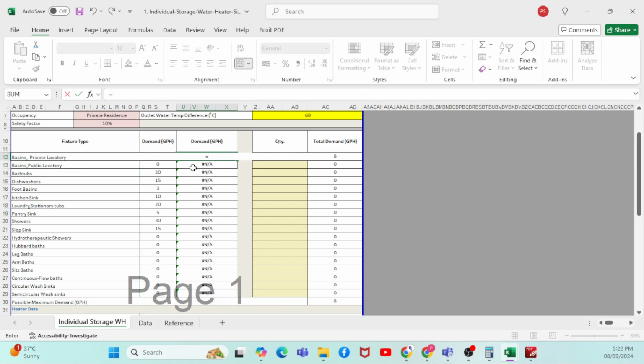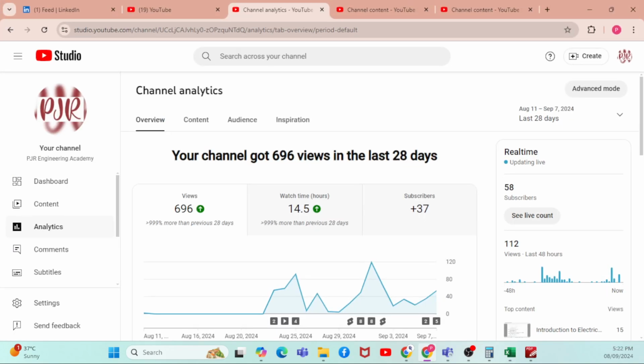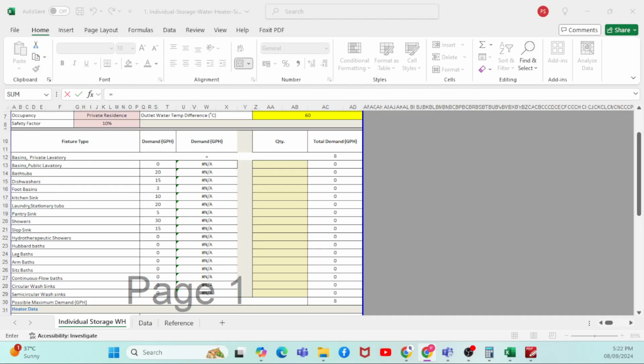So this value will be, for example, 2 gallons. If I go to my conversion, gallon to liter will be 3.785. So I will just take this value and multiply by 3.785.